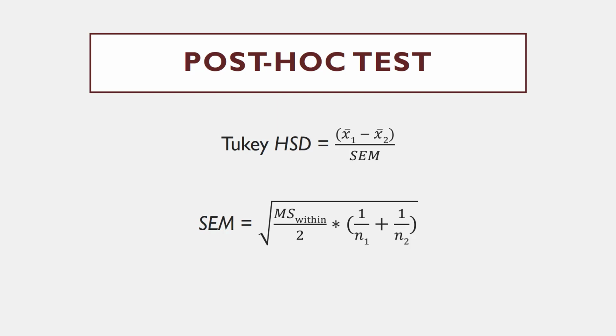And this is very similar to the t-test. If you look at the formula for this compared to the formula for the t-test, it's basically the same, where we have the difference between our two groups divided by the standard error of the mean. The difference here is when we make the final decision, the critical value is adjusted for the number of comparisons that we are making. So our cutoff is going to be a little bit more stringent.